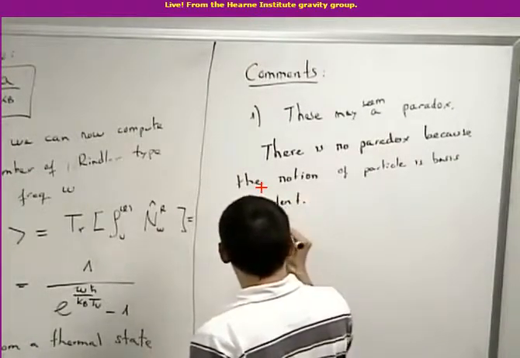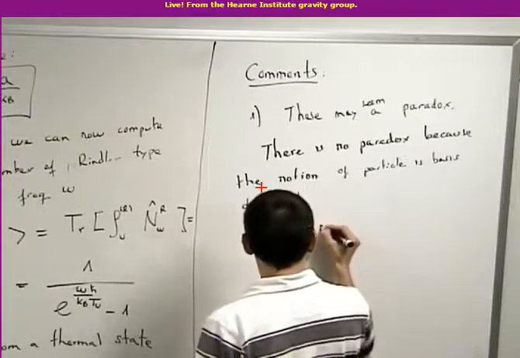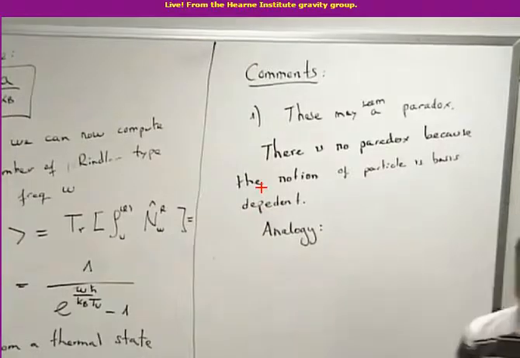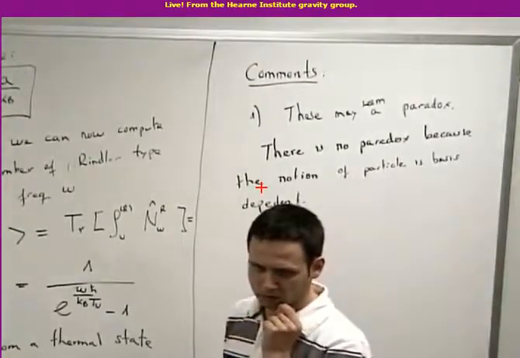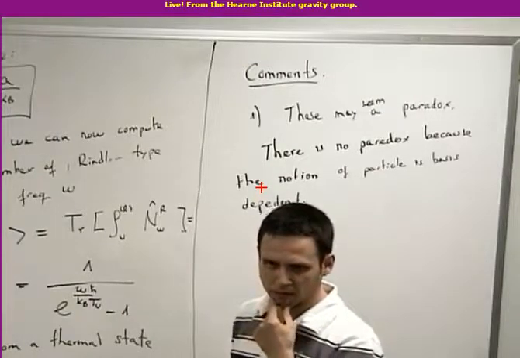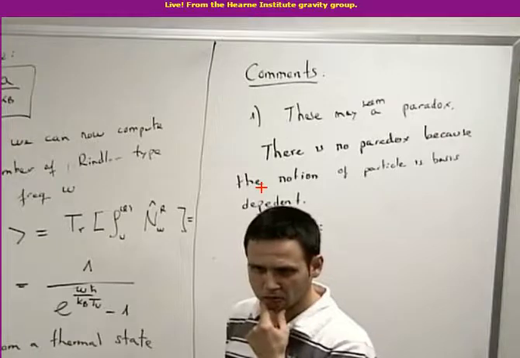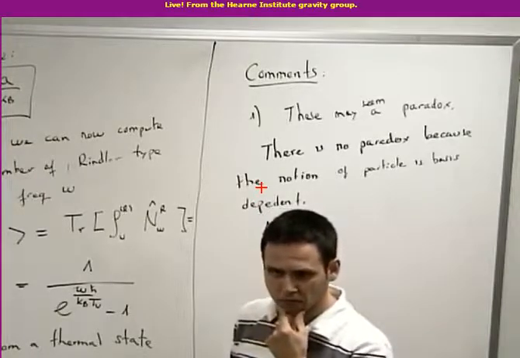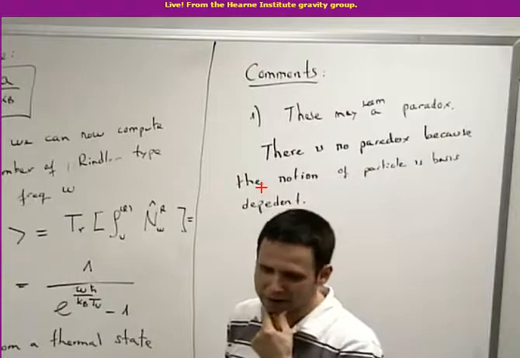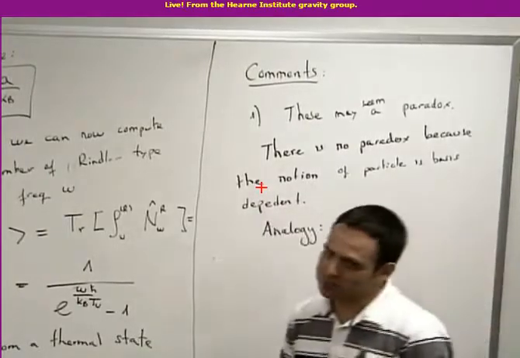Okay, so I have a question about that. Suppose you have a brick, and it is built out of atoms that are built out of particles. Is the notion of what your brick is basis dependent? Or is it just that a brick is quite big, so it's not quantum at all. But think about what an electron is.